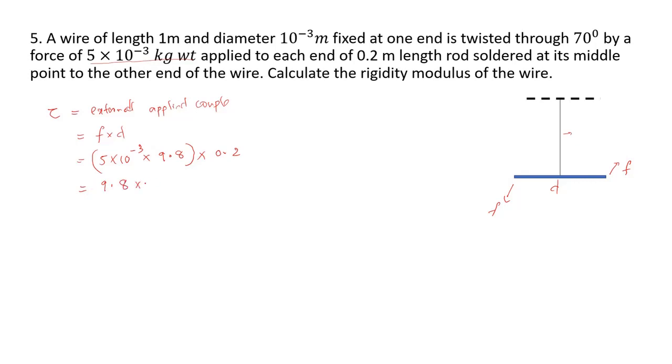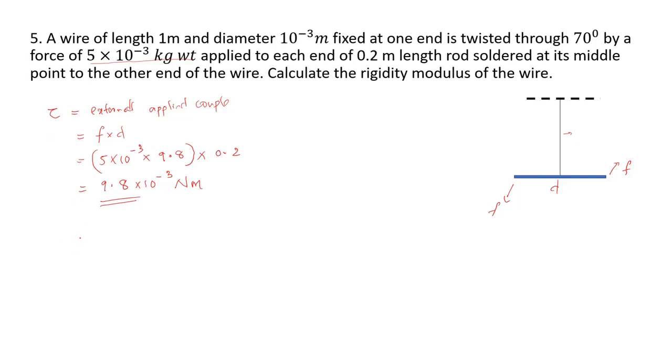So, we can find the external couple as 9.8 into 10 to the power negative 3 Newton meter, and this external couple is equal to the internal couple or the torsion of the material. So, we have the torsional couple tau of the material.